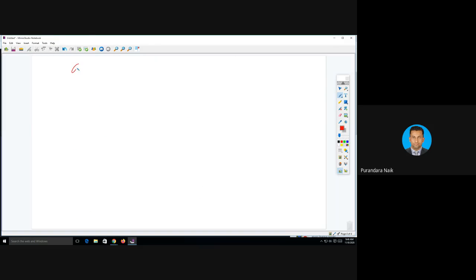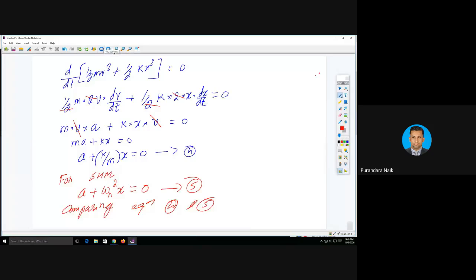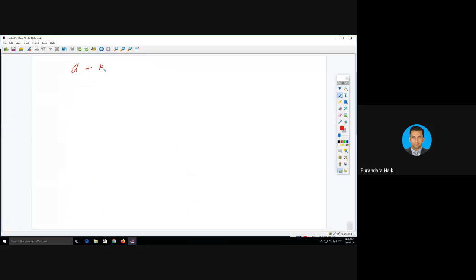Okay. So what is the equation? a plus k by m into x is equal to a plus omega n square into x. Both are equal to 0, so you can equate them, right? If you compare this, what are the similar terms?